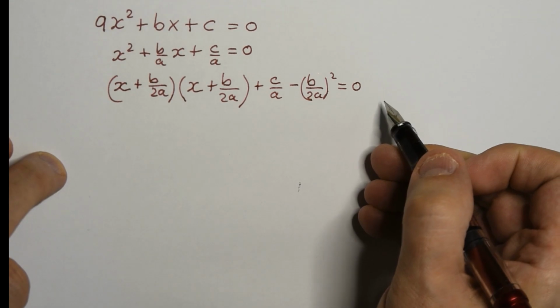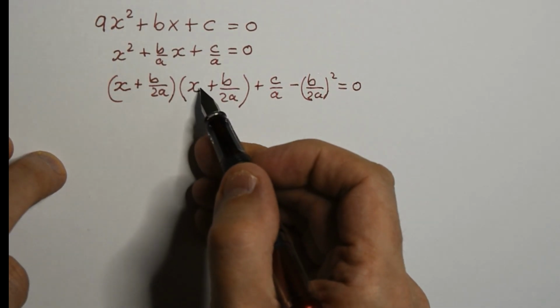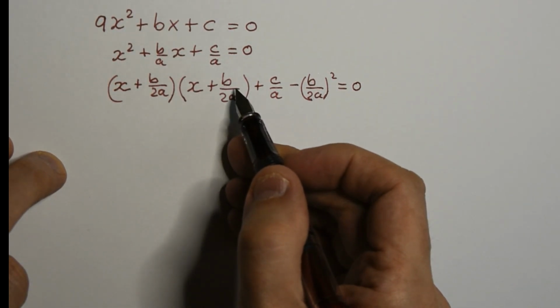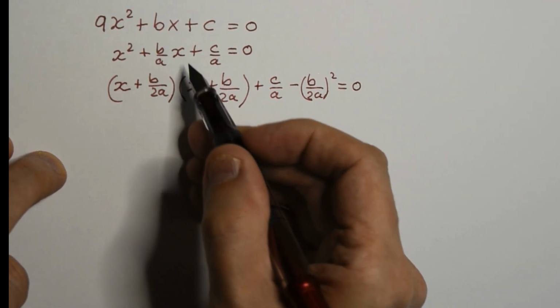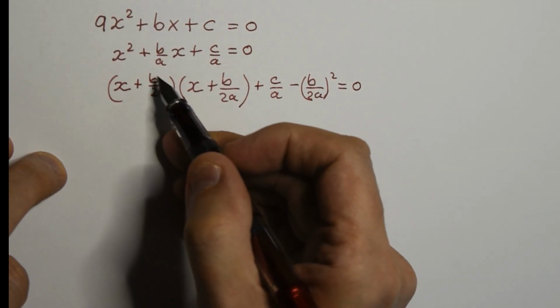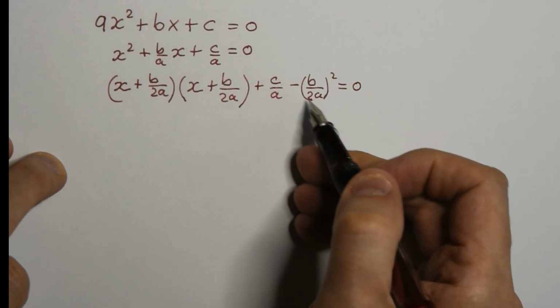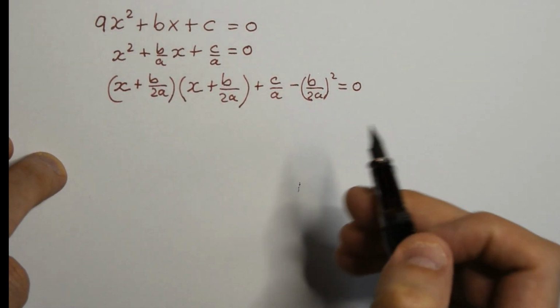And we can indeed see that this is the same as the previous one. If we work it out, x times x is x squared, that's there. x times b over 2a plus x times b over 2a is b over a times x. Plus b over 2a squared, so you have to subtract b over 2a squared to make sure it's identical to this, plus c over a equals 0.